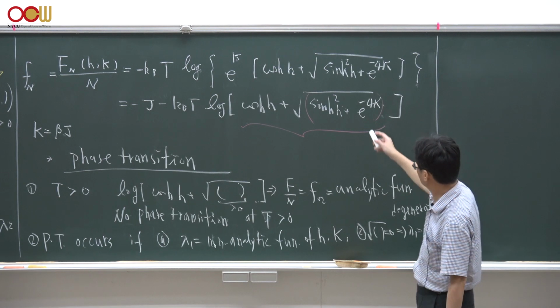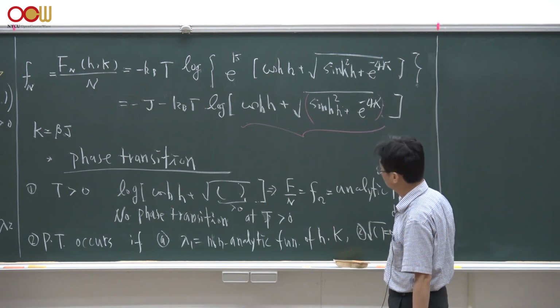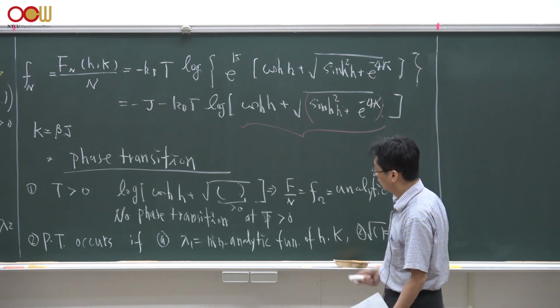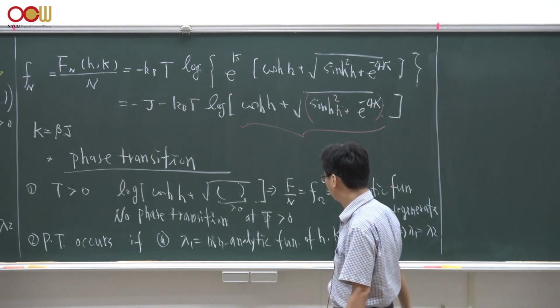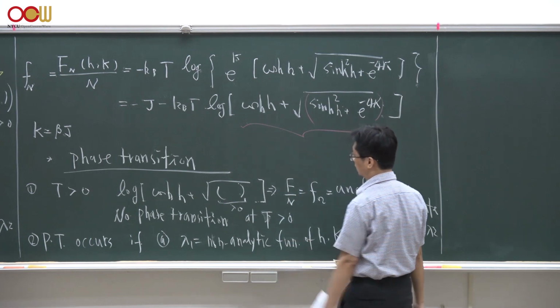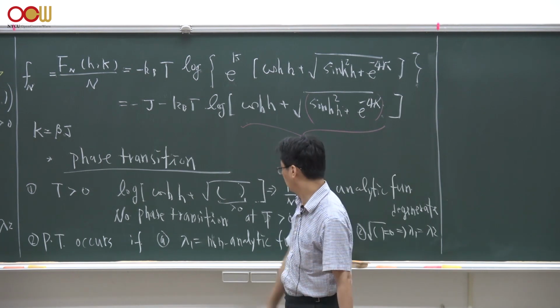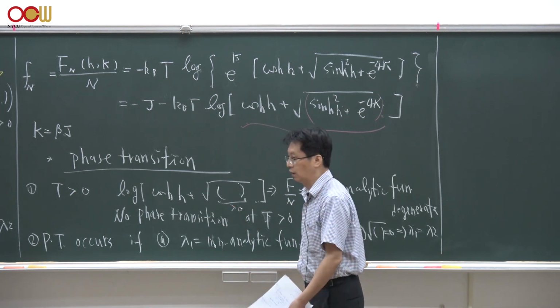So when you sum up all these positive values, you get again a positive value. And there's no non-analytic behavior of the log function here, so the log cannot be minus infinity or diverge or anything as long as h and k are finite.